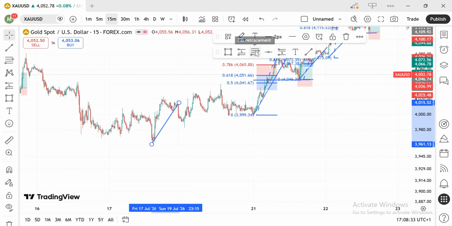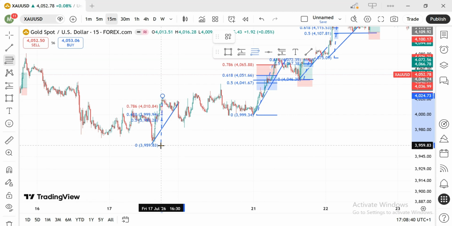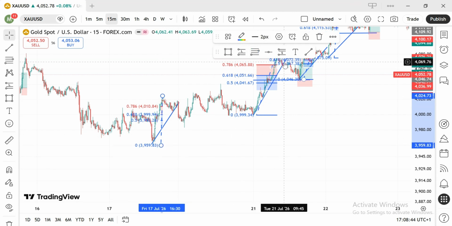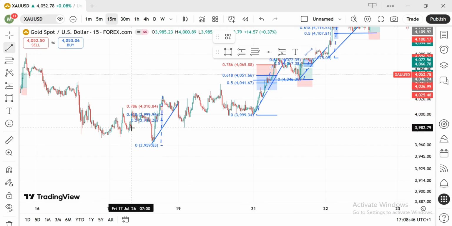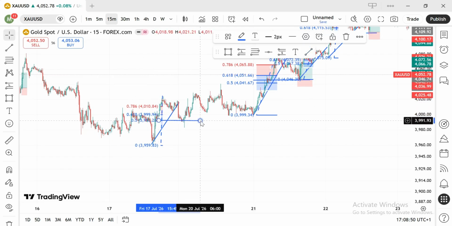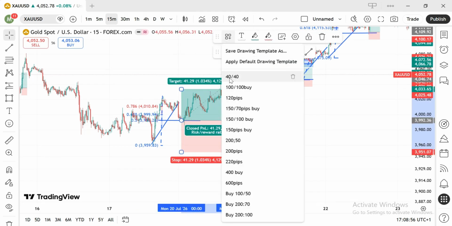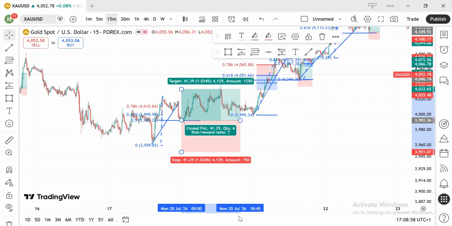So you take your 50% Fibonacci tool, again you mark it to this point right here, and you take your 50% entry over here.